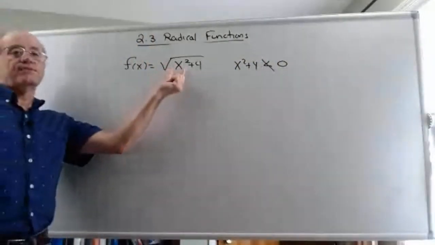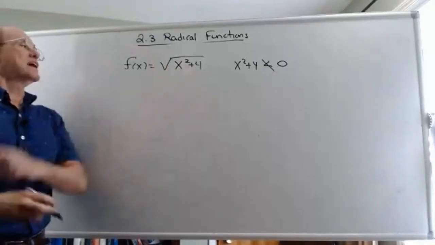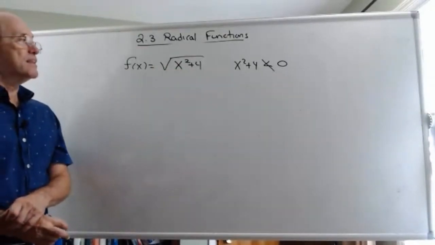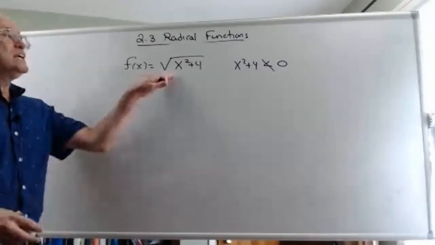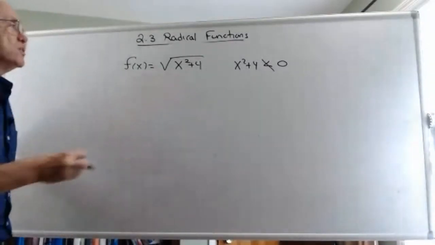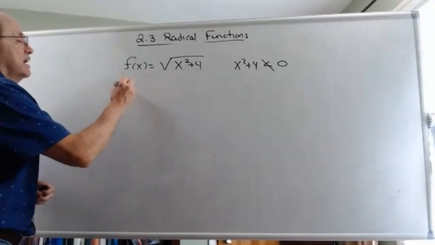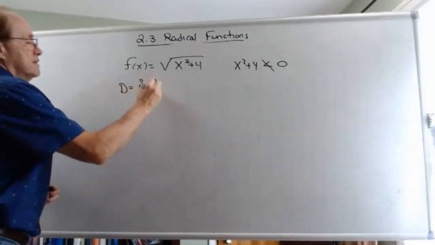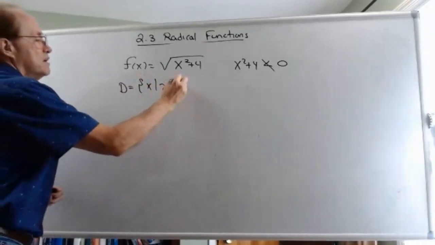If I put a negative value for x, I square it, I get a positive, I add it to 4. Can't get a negative value out of that. So just by looking at this, we can argue that the domain in this case is the set of x, where x is any real number.